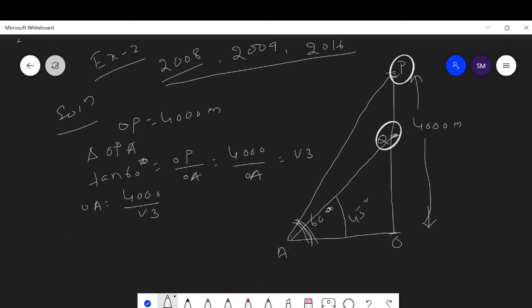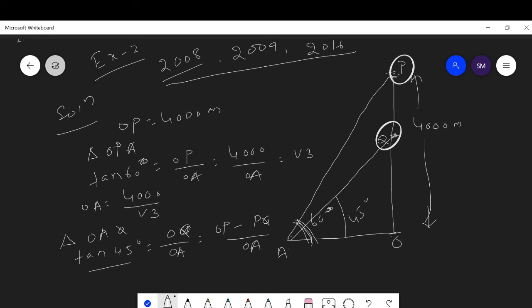Then let us consider another triangle OAQ. Here this creates the angle of elevation 45 degrees. As we know that tan theta is equal to perpendicular upon base, tan 45 degrees is equal to OQ upon OA. Here OQ is OP minus PQ, and we know that tan 45 degrees is equal to 1.